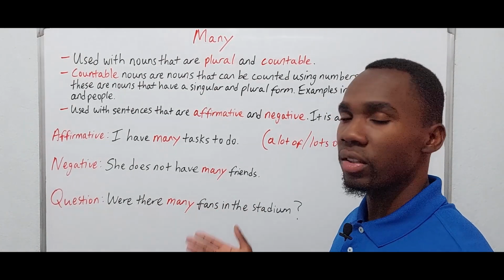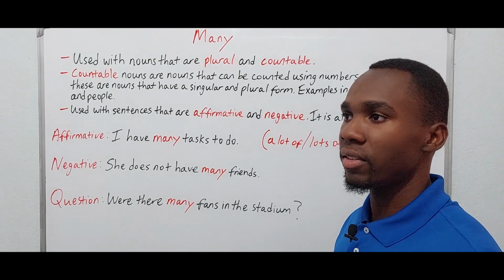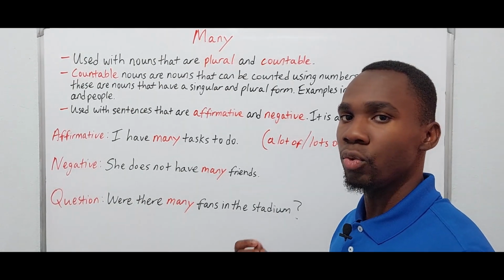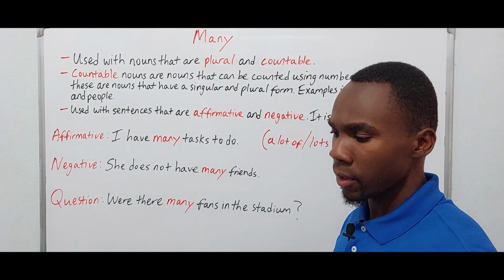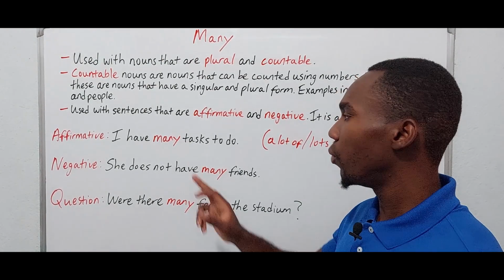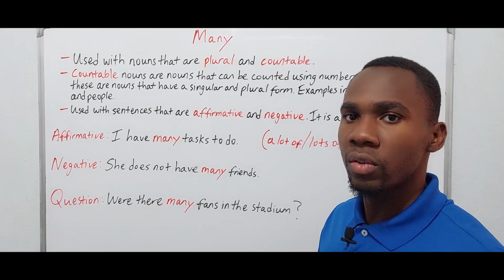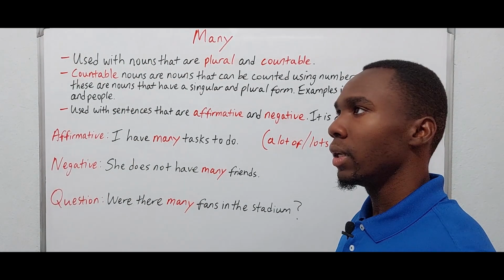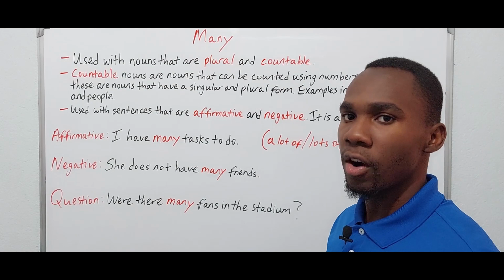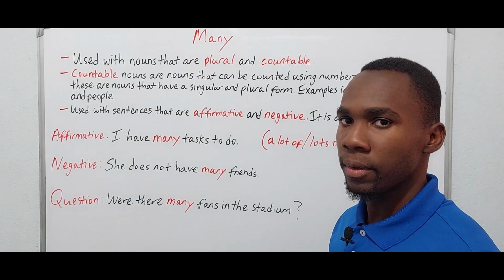Now, these are the 3 uses of many. Well, the types of sentences in which you can use many. But when it comes to the affirmative use of many, although it is used, many may regard it as formal, right?